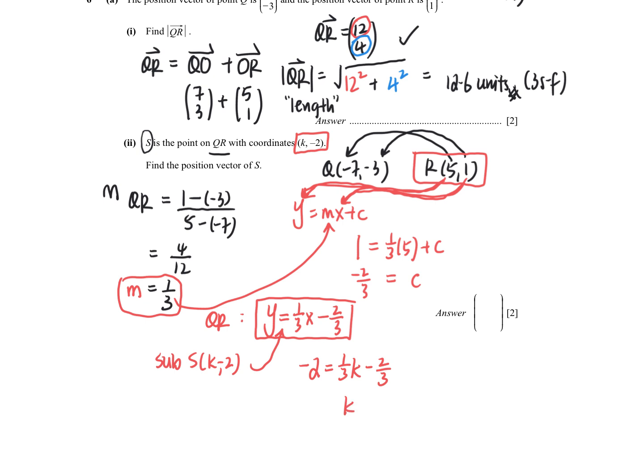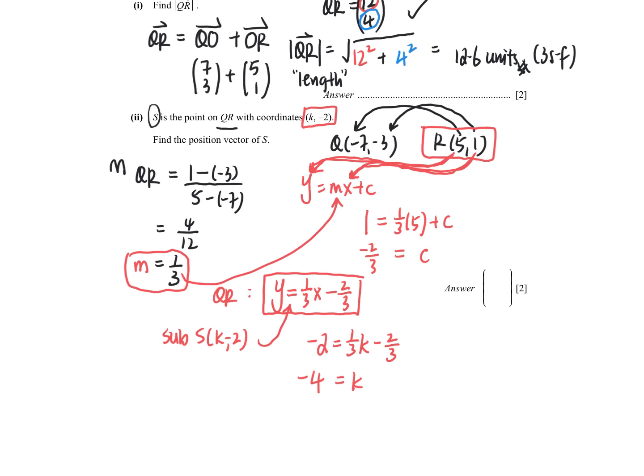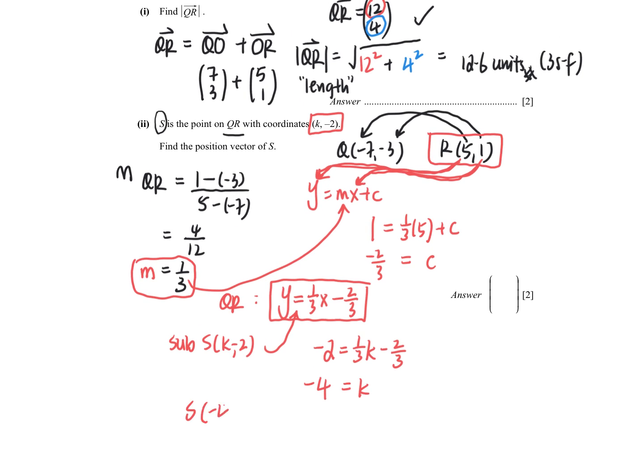So I solve for k. So my k will be plus 2/3 divide by 1/3, negative 4. So once you know that, your S is minus 4, minus 2. So remember I told you all this is interchangeable with OS, right? So it's minus 4, minus 2 like this.